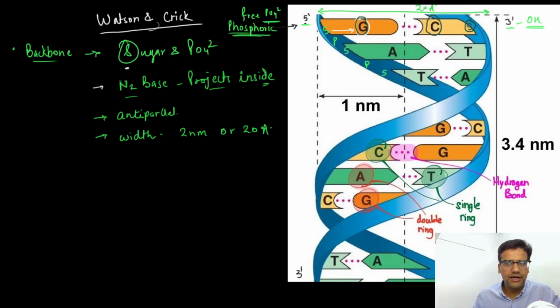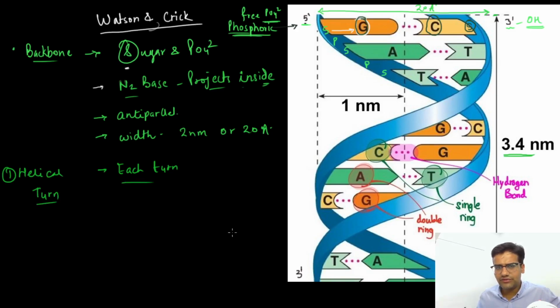If we talk about the turn of the DNA, each turn is basically 3.4 nanometer. Each turn, one helical turn, is what we call the pitch of the helix.